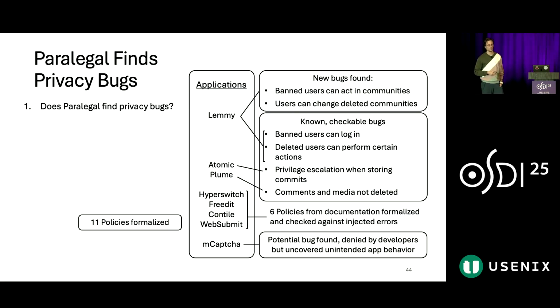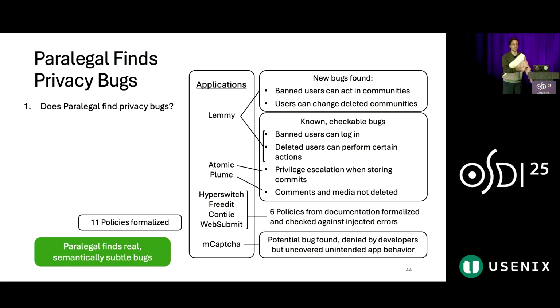And for mCAPTCHA, a privacy-conscious CAPTCHA service, Paralegal uncovered what looked to be a data deletion bug. But when we checked in with the developers, they told us this was intended behavior. In the process, however, we found a closely related data integrity issue. So to summarize, Paralegal finds real bugs in realistic applications.